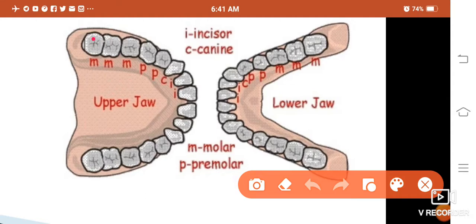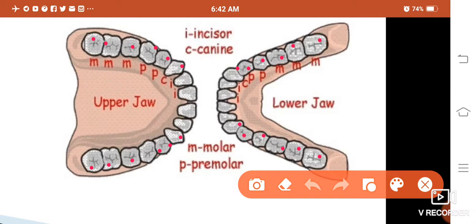See now. Molar 1, 2, 3, 4, 5, 6, 7, 8, 9, 10, 11, 12. Premolar 1, 2, 3, 4, 5, 6, 7, 8. Canine 1, 2, 3, 4.